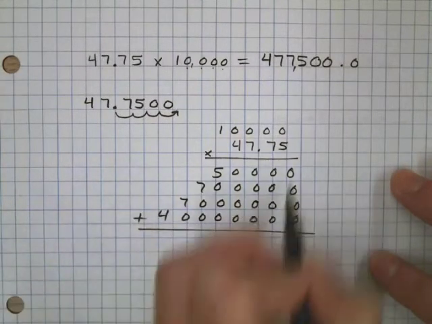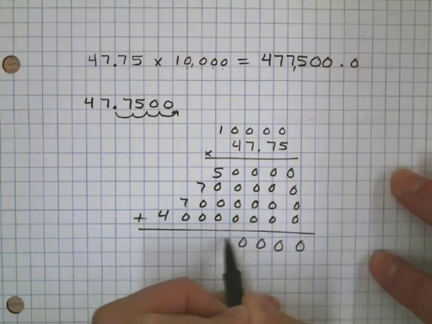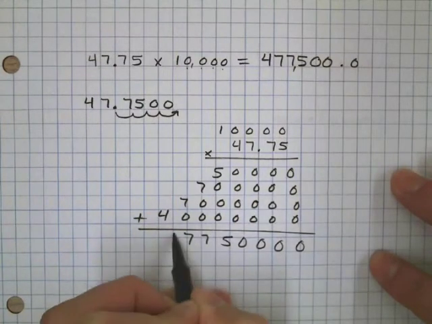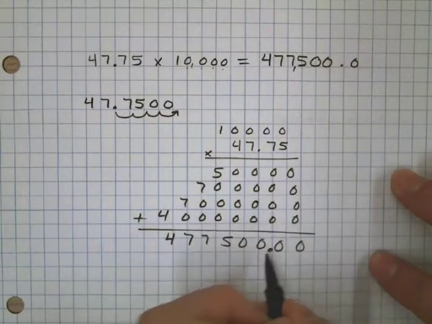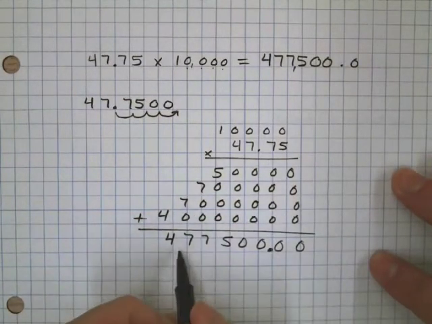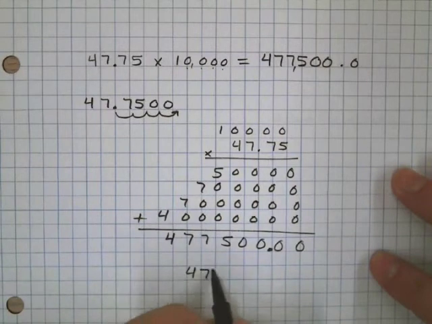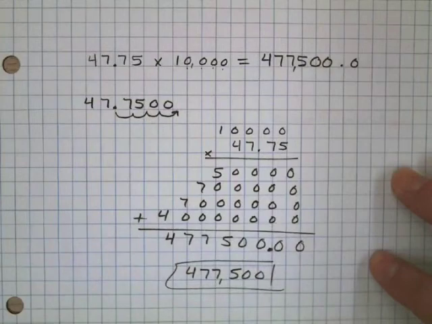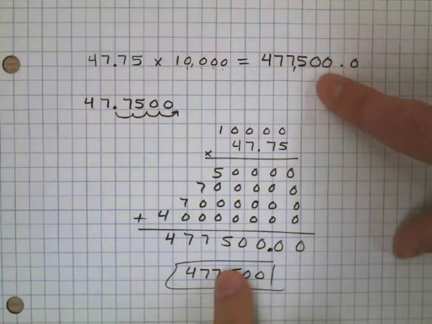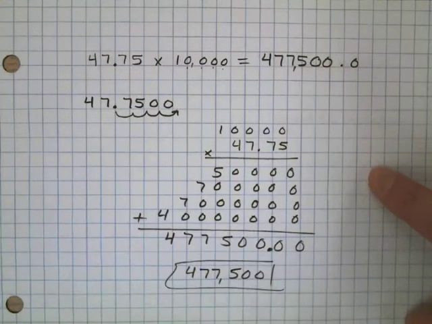Add all those up. Put back in my decimal place right there, and I come up with 477,500. So, same solution, just a different way of getting it.